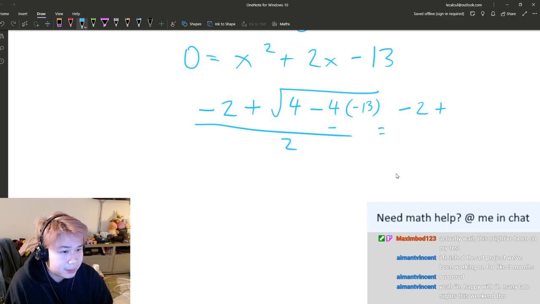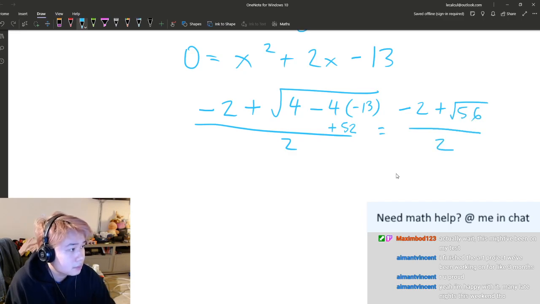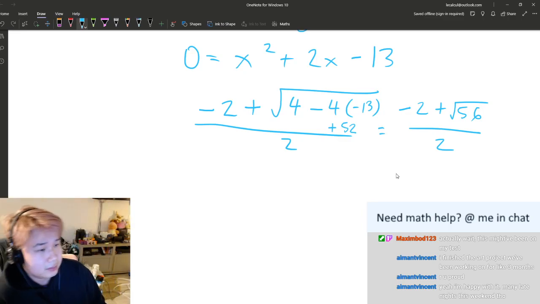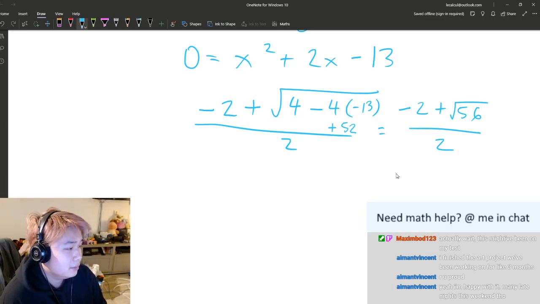And then this is plus 52. And then 56 is, I don't know my times tables off the top of my head. What is this, 9? Not even. 7 times 8.